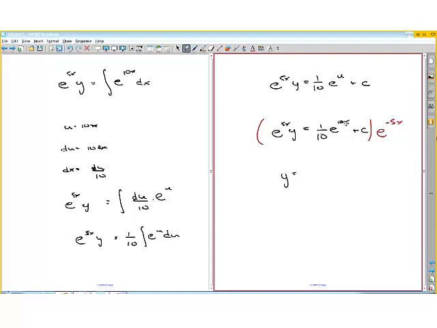And then we subtract 5. 10 minus 5 is 5, so we get 1/10 e to the 5x plus c e to the negative 5x. And you could factor out, no, you can't do that. Is that the answer? 55: 1/10 e to the 5x plus c e to the minus 5x. That's it.